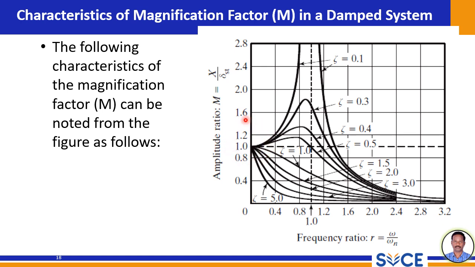This indicates that the system response is closer to the static deflection. Next, at higher frequency ratios, the magnification factor approaches 0 for all damping ratios. This means that at higher frequencies, the system's response is significantly reduced.